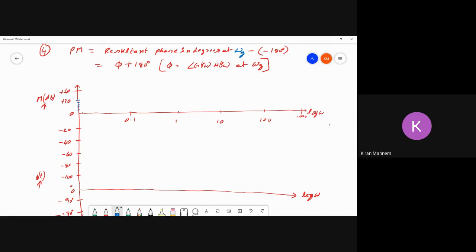If you take each point as 5 dB, it goes 5, 10, 15, plus 20, 25, 30, 35, 40.